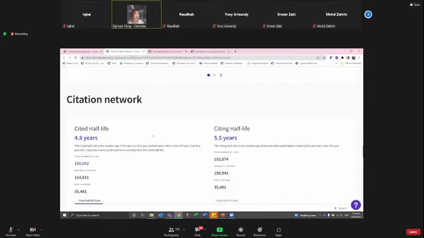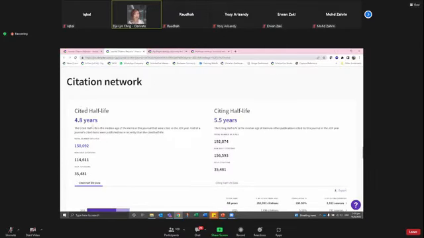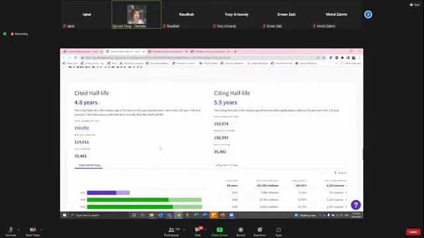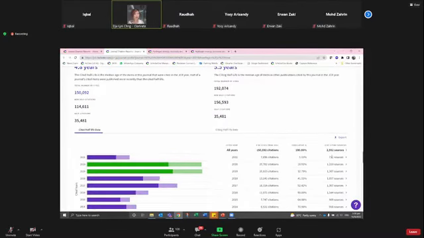Now, scrolling further down, you will see things like the cited half-life and citing half-life. The cited half-life for this journal is 4.8 years, and the citing half-life is 5.5 years. If, for example, you submitted your manuscript to this journal but got rejected, sometimes the journal would give you recommendations for other journals, but most of the time they don't. When they don't, you can always refer to this particular chart and look at the sources.